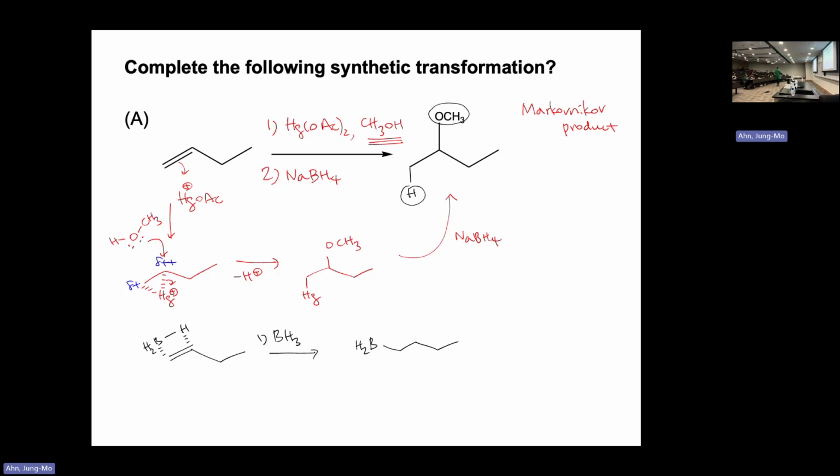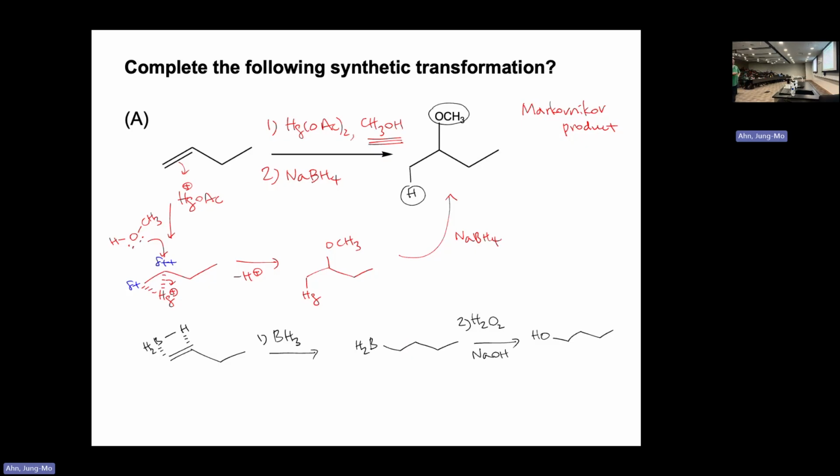So you're going to add a boron, ending up on the less substituted side. That will go to the second step, the oxidation step, and then you get the OH sitting on the less substituted carbon. That's an anti-Markovnikov product. You can see Markovnikov products and non-Markovnikov products, something that you really have to keep analyzing in the product to find out what reagent you're going to use.